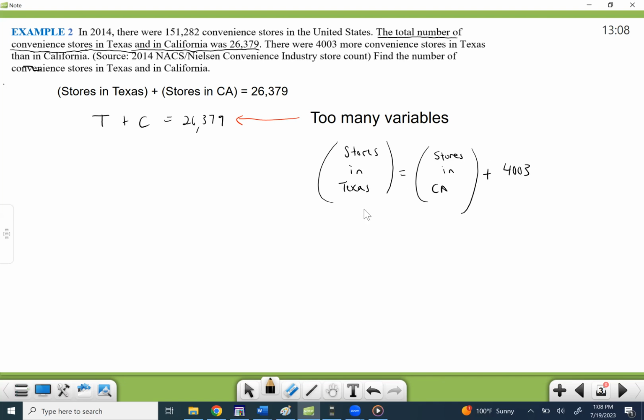That shows Texas having more, right? You're going to say, okay, how many are in California? I'm going to add 4,003 to that, and that should get me how many are in Texas. All right, so this is T. Stores in California is C.